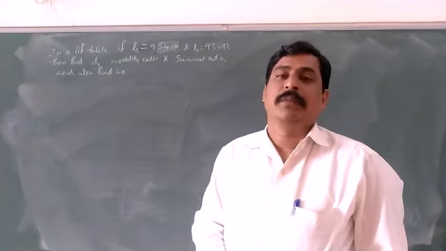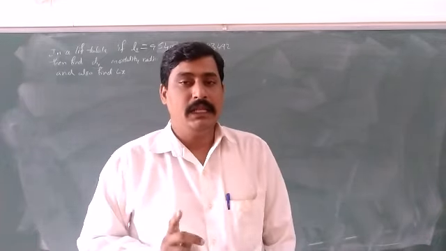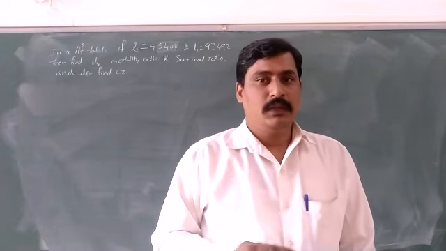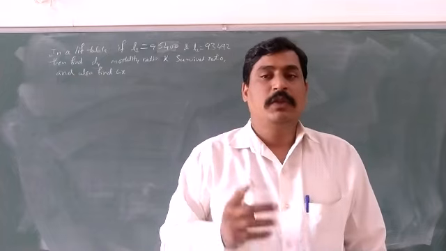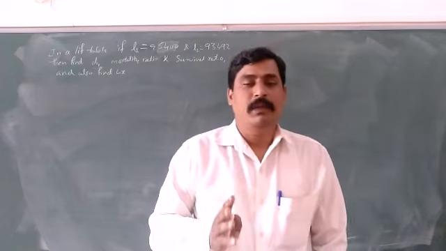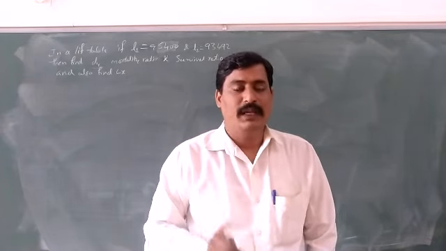Remember one thing always: they have given L1 and L2 here, that is after the first year and second year. L0 is newborn babies, and usually L0 is 1 lakh.